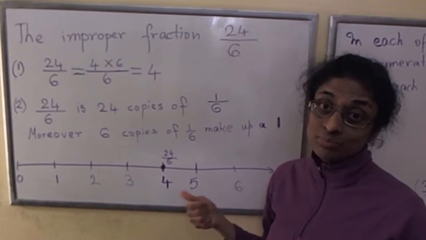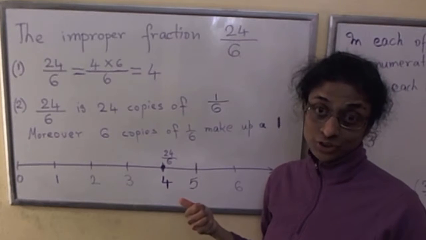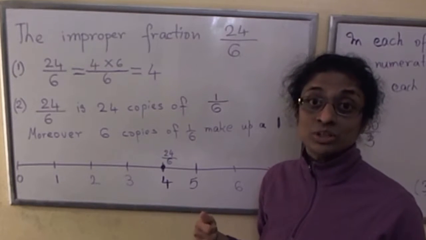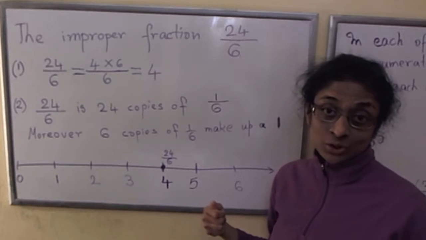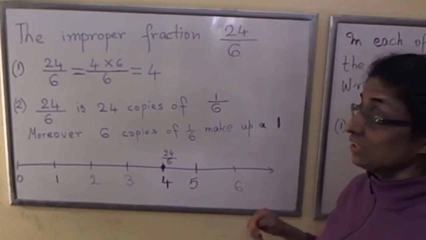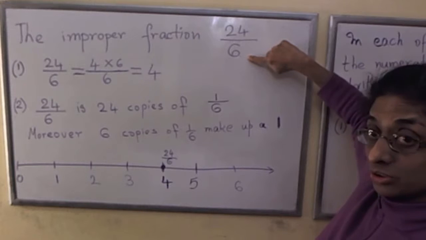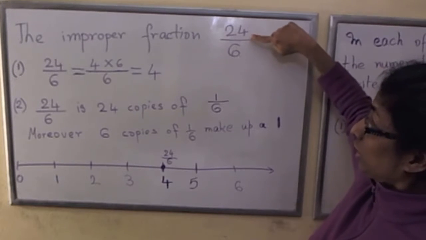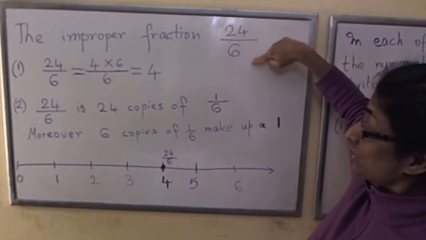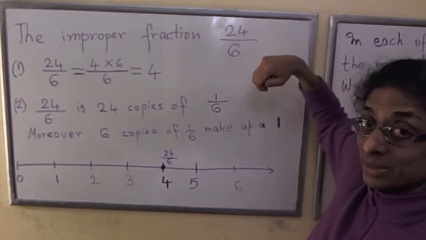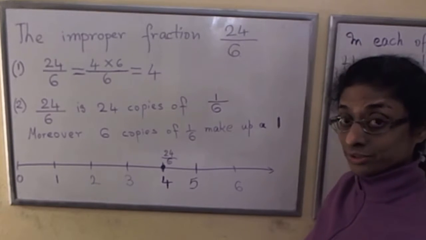That is what we call the measurement interpretation of division. That's really calculating 24 divided by 6. So in the very special case when the numerator is a multiple of the denominator, such as this, 24 over 6 really matches with 24 divided by 6.